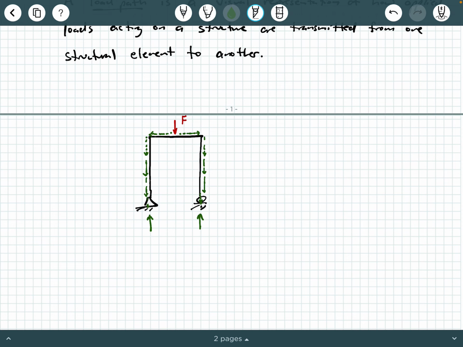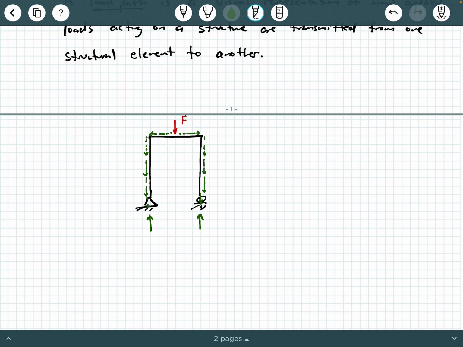Okay, now how does that load travel through the system? Well, it travels through all of your structural elements, through contact points, through connection points. It's transmitted through the ideas of stress. So if we go back to mechanics of materials and we're thinking of axial stress, flexural stress, these are all internal loads.